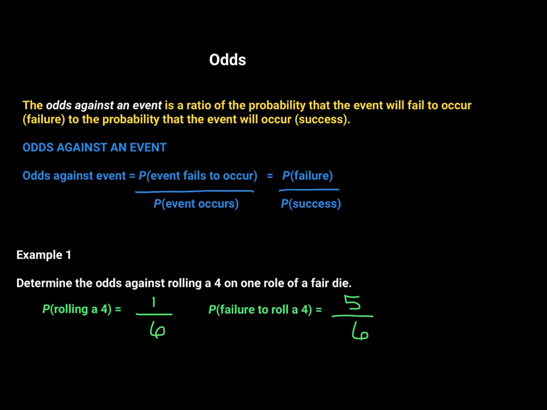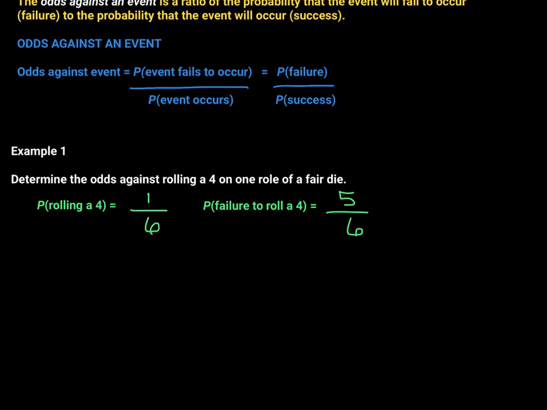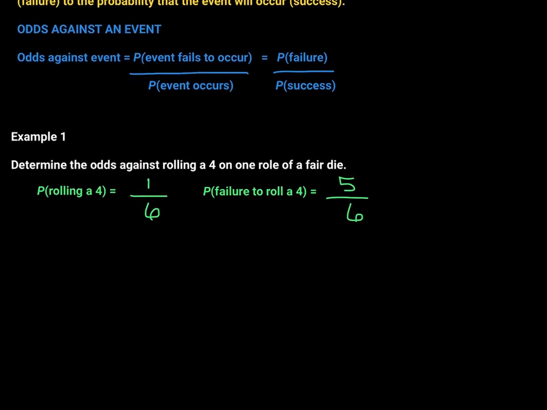Now that we know those probabilities, we can figure out the odds against rolling a 4. According to our formula, in the numerator I need to have my probability of failure, so that is 5 over 6.